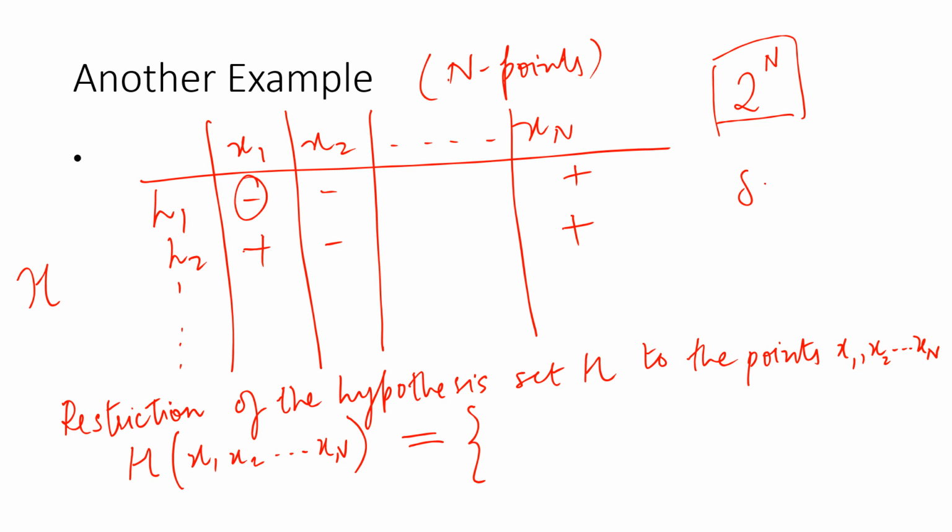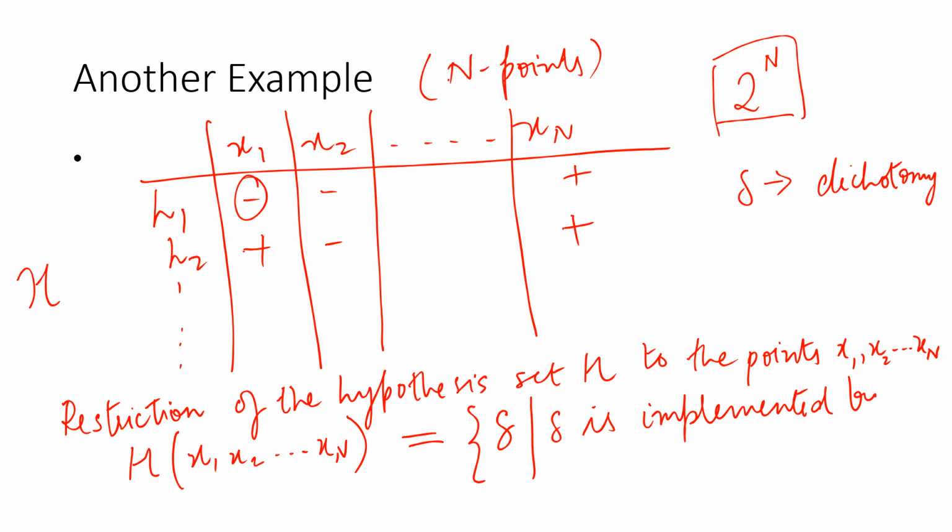So let's say if delta is denoting my dichotomy, then this restriction is equal to the set where we implement this dichotomy, given that this dichotomy is implemented by an h that belongs to my H, right?